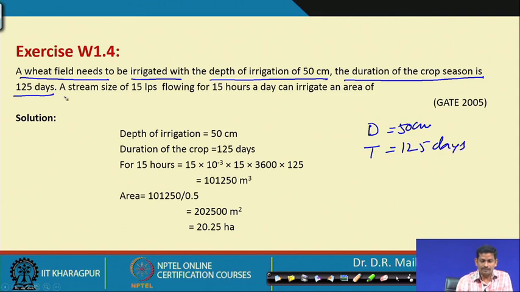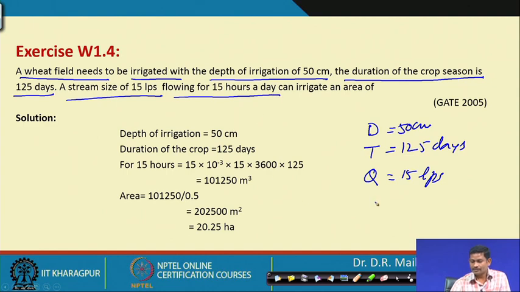Stream size is 15 LPS, so Q is equal to 15 LPS, flowing for 15 hours per day, and irrigate an area.